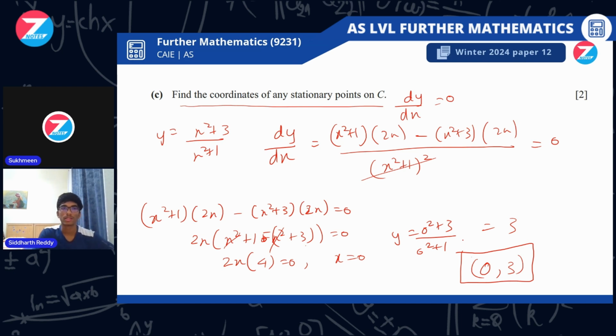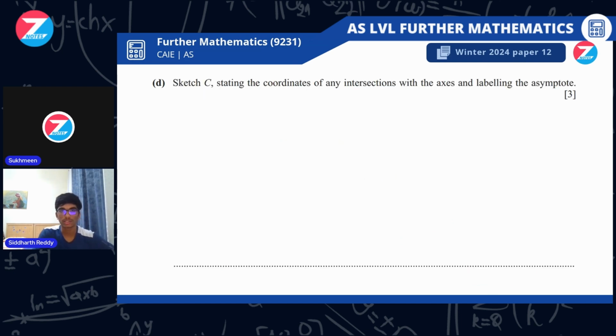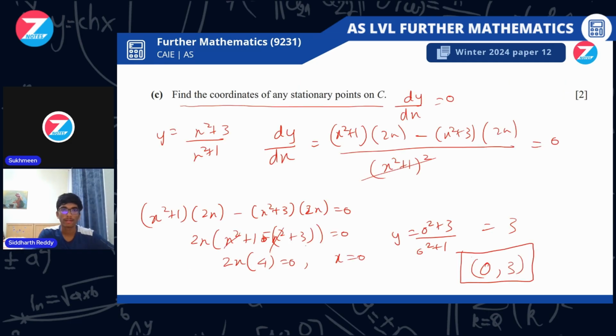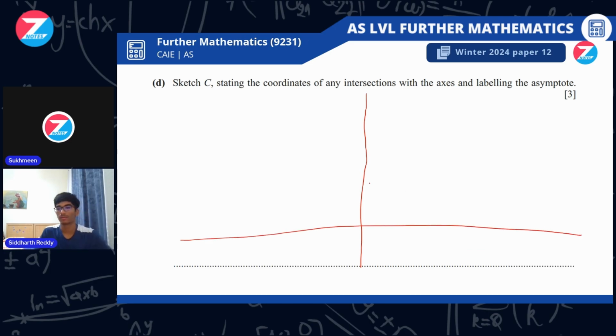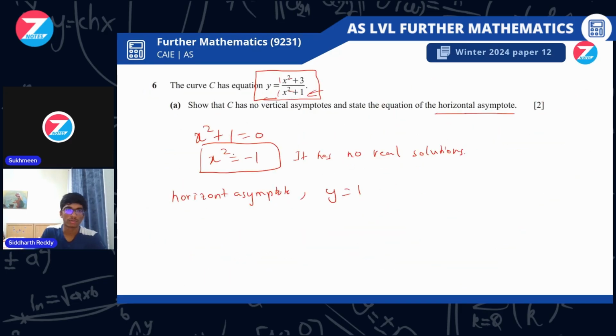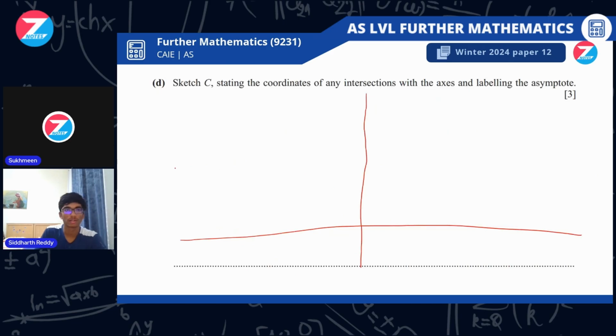Okay. Sketch C, stating the coordinates of any intersection with the axis and labeling the asymptote. So let's put everything together. We found one asymptote, which is y is equal to 1, so we can draw that with a dotted line.